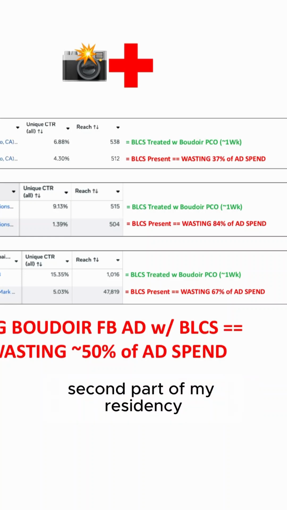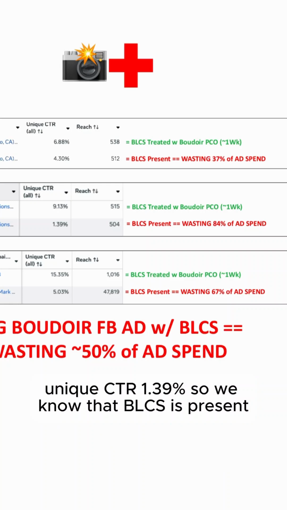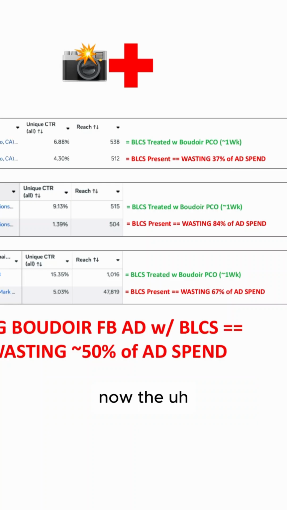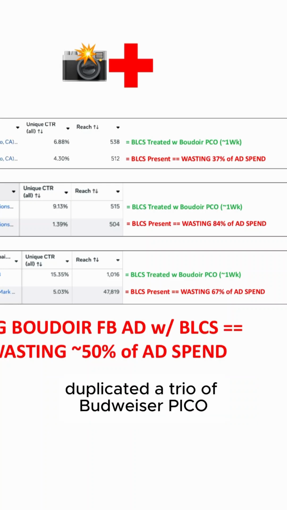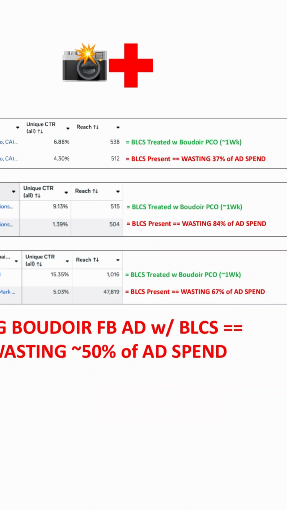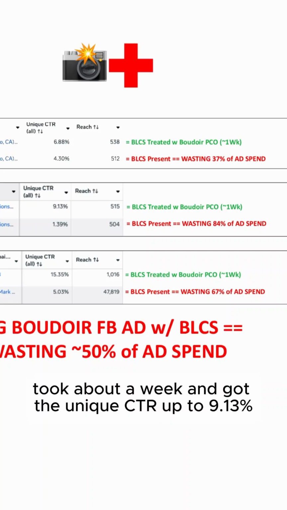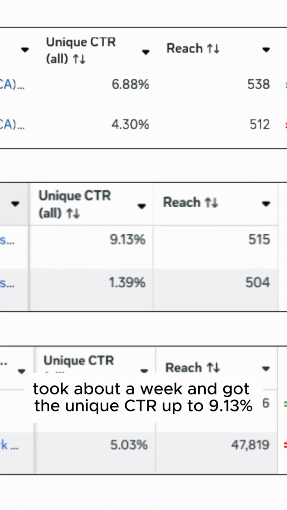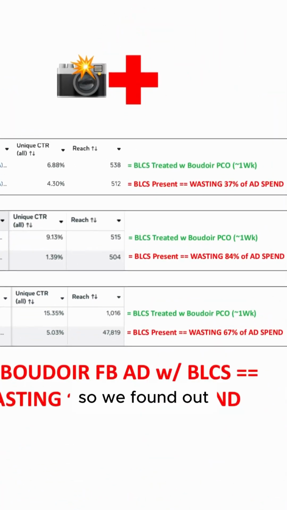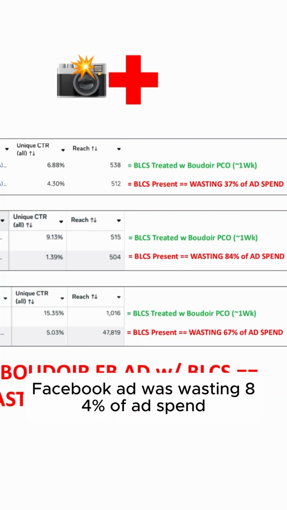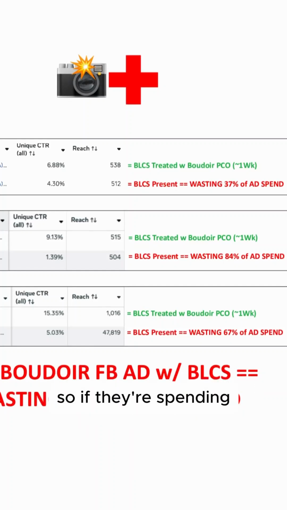Second part of my residency, found another Boudoir Facebook ad out there. Unique CTR 1.39%. Unique CTR under 6%, we know that BLCS is present. Now we duplicated it, treated with Boudoir Pico, took about a week, and got the unique CTR up to 9.13%. So we found out the original Boudoir Facebook ad was wasting 84% of ad spend. So they're spending 10 grand a month on that original ad.